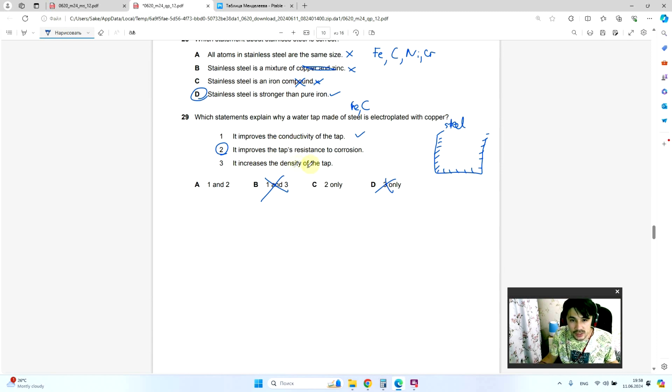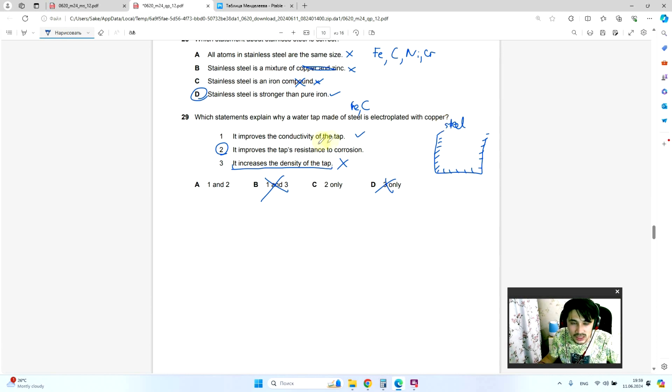Okay, it increases the density of the tap. Well, it's just a single layer, just a layer of a few atoms. So I don't think this is the correct option. All right, let's go back to the first and third statements. The density of the tap doesn't change significantly because that layer is very tiny.